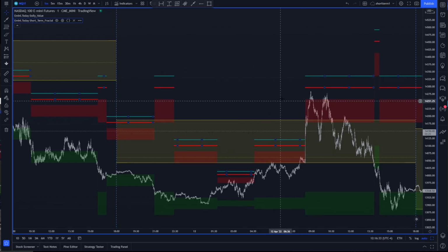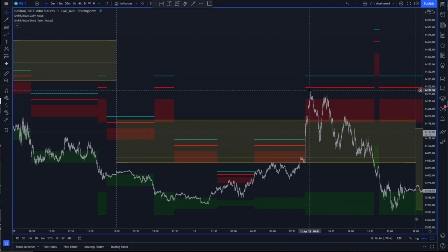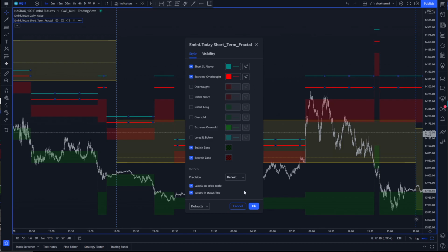And where do you enter? You don't want to enter exactly on this red line, because many times price is not going to get exactly to this point. Sometimes it will, but I think more times it'll be a few ticks shy from your level. You want to get in at the middle between the outer range of the bearish fractal and this extreme overbought.